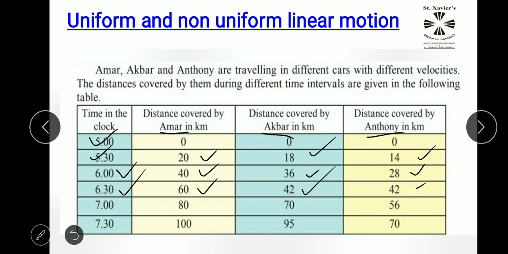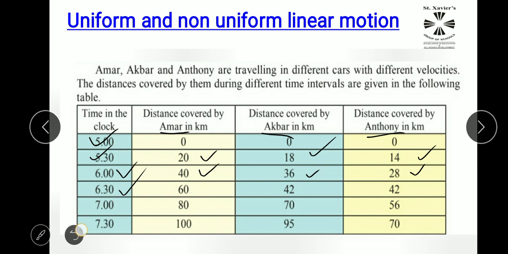Whereas Anthony, the distance traveled in the next half an hour is again 14 kilometers. So here the distance traveled by Amar after each half an hour is 20 kilometers, students.